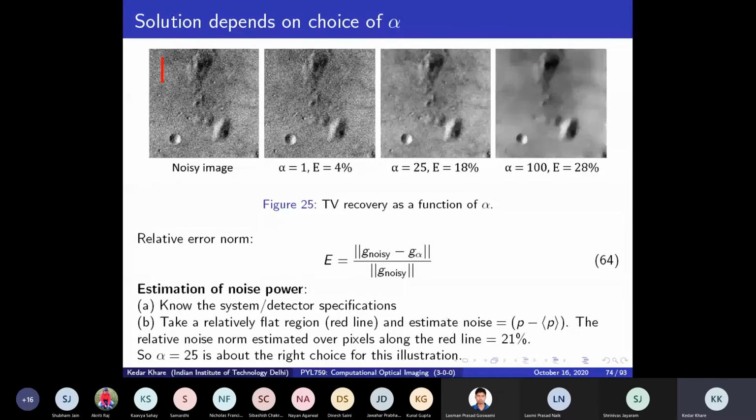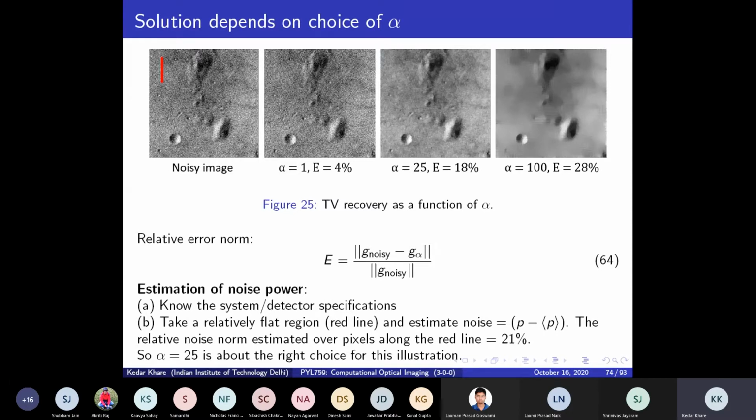So what I did simply was take a reasonably flat region in the image and look at the fluctuations in that region. I took a small line segment of pixels and calculated the pixel values minus the average pixel value along this line.